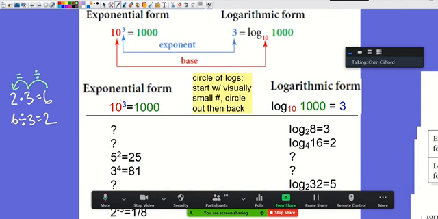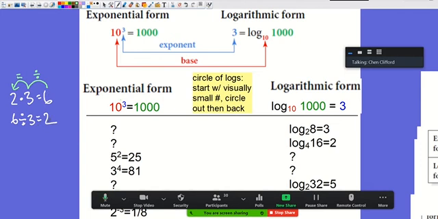Or here's a better way of saying it. You can rearrange multiplication to get to division, and you can rearrange division to get back to multiplication.